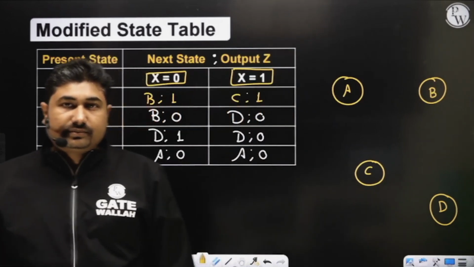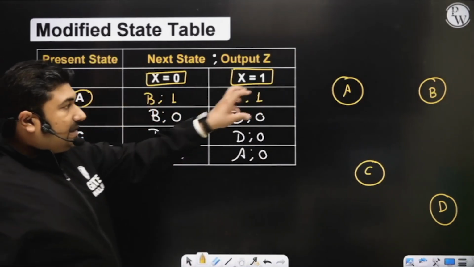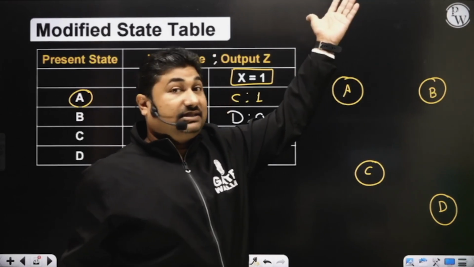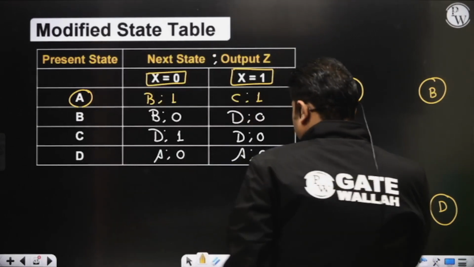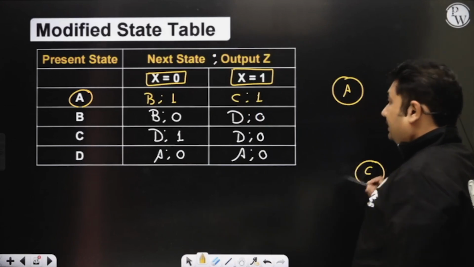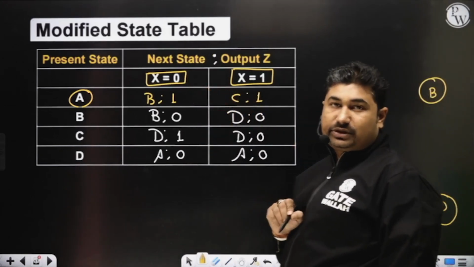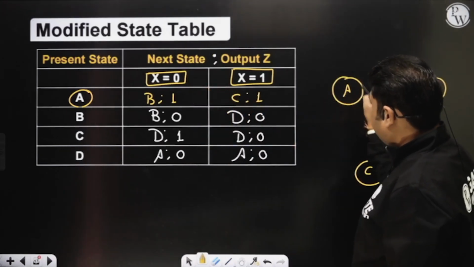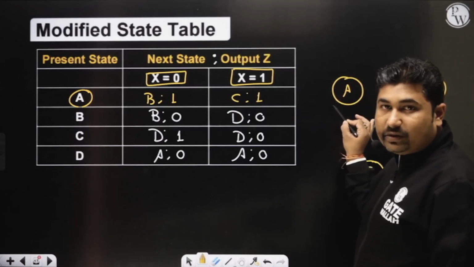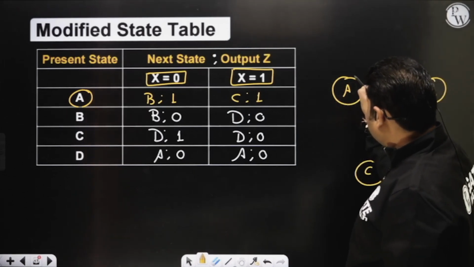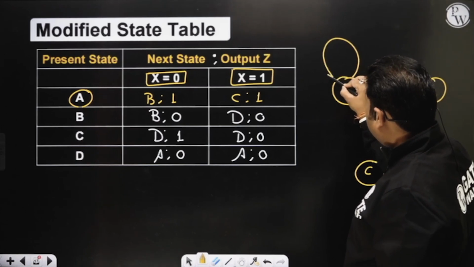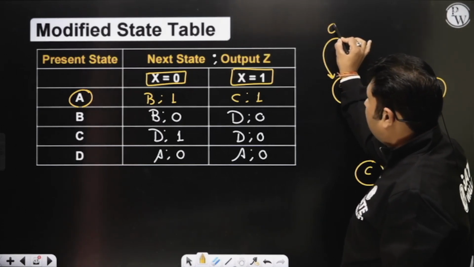If the present state is A, which we have assumed as 00, then with the input X equals 0, what happened?